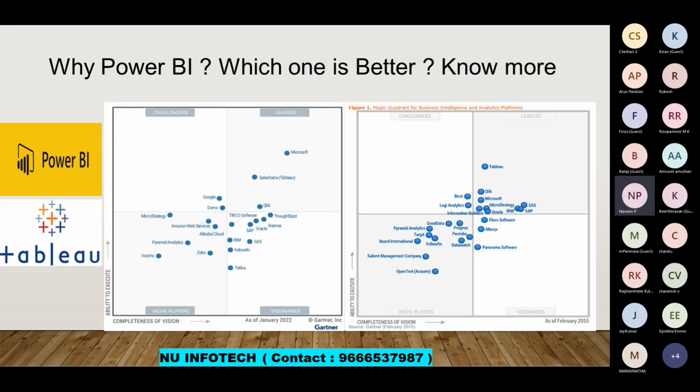According to Gartner, as of February 2015, Tableau was the number one BI tool, in the leaders board. Second position was Click, third one was Microsoft. First one is Tableau, second is Click, third is Microsoft.